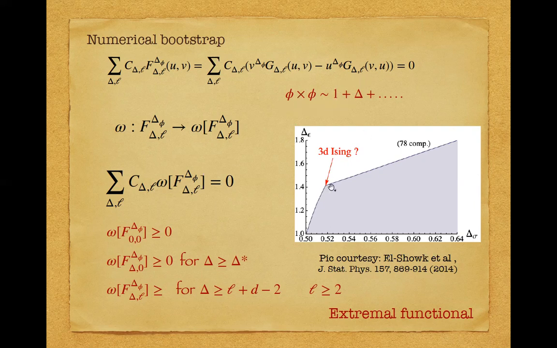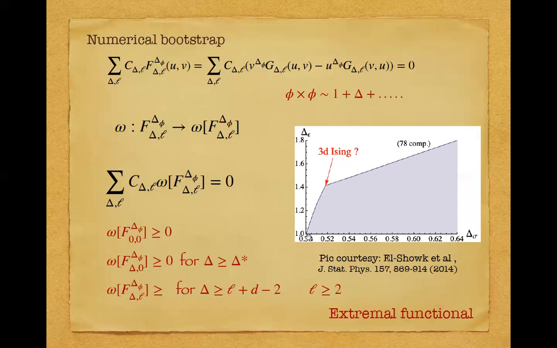So what it is saying is that if your delta is somewhere here in the white region, then that can't be consistent CFT data. So you can see that though you are not proving the existence of a CFT, you are ruling out CFTs. If the scalar operator delta has a value which lies in this white region, then you can't have a consistent CFT solution, so that is ruled out.